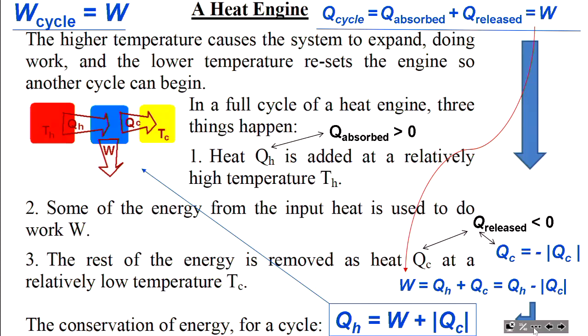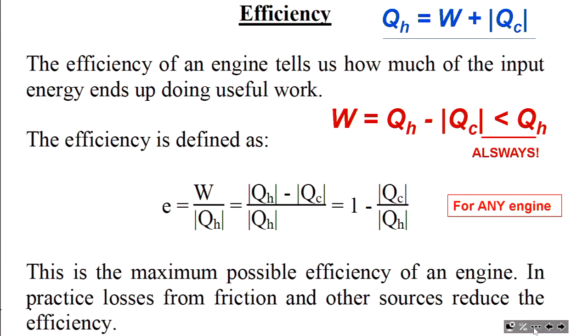To describe this property of an engine, we use a new quantity. We call it efficiency. The efficiency of a cycle, by definition, is equal to this ratio: the amount of work done in one cycle over the amount of heat absorbed in one cycle. And it's never equal to 1 or 100%.